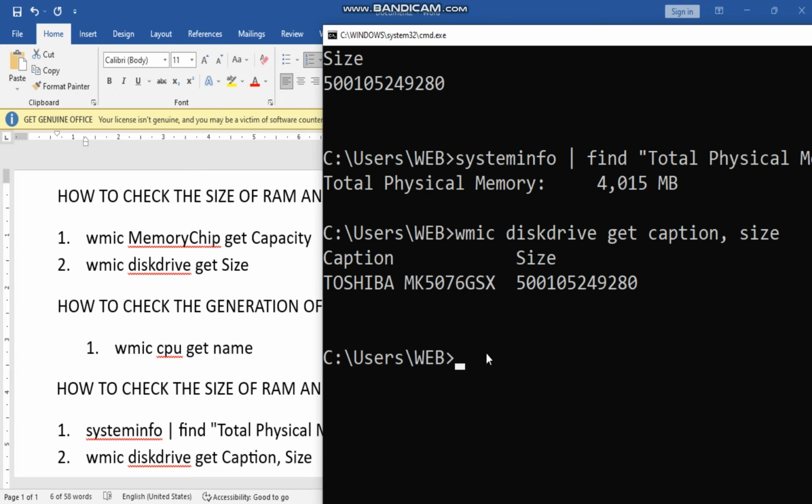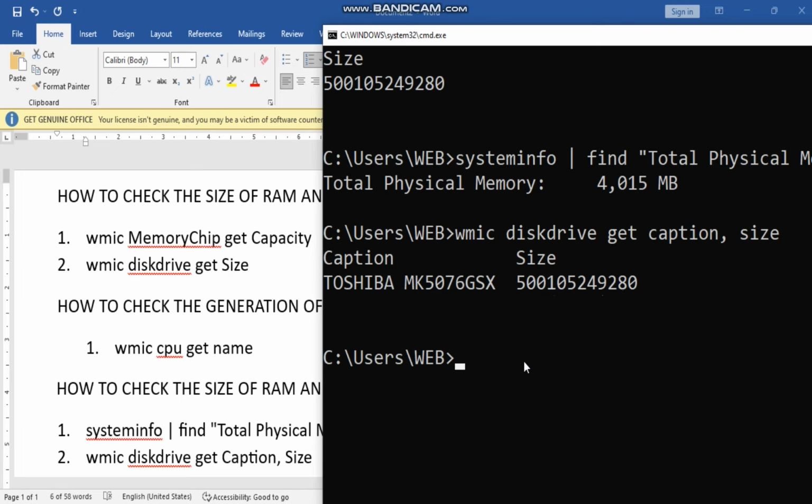So automatically we are going to get that my computer has a hard disk of Toshiba, and this is the serial number. So this one is a bit clear.